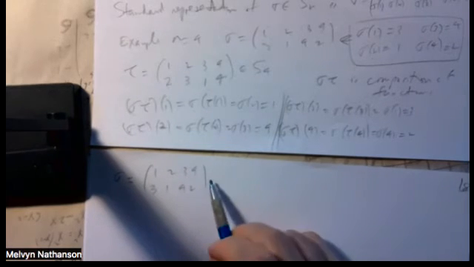So let me write this down again so it doesn't get lost for the moment. So I have sigma is the permutation 3142 in S4.